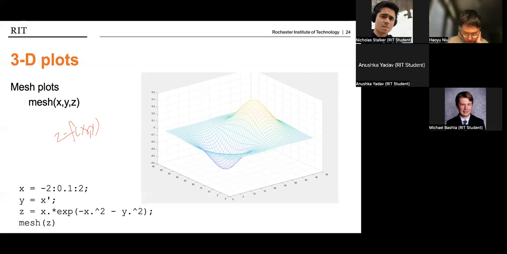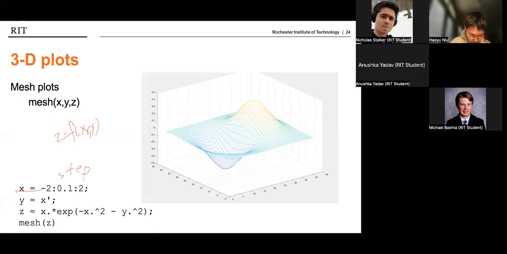So here is just a simple example. We have an X variable which goes from -2 to +2, and the middle one is the step, which means each time we increase by 0.1.